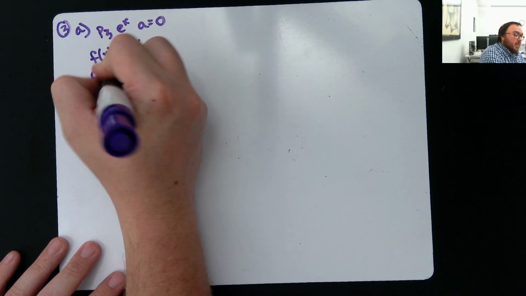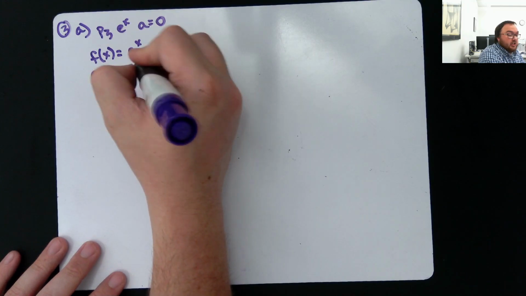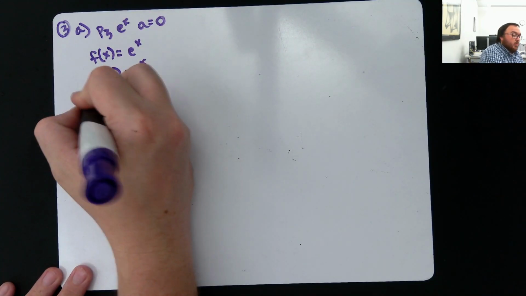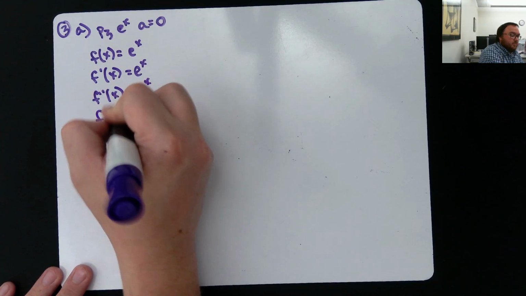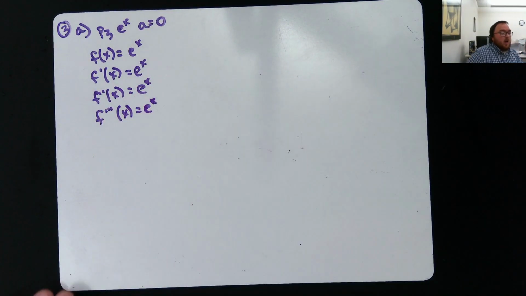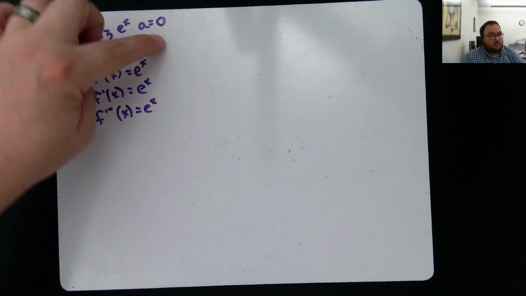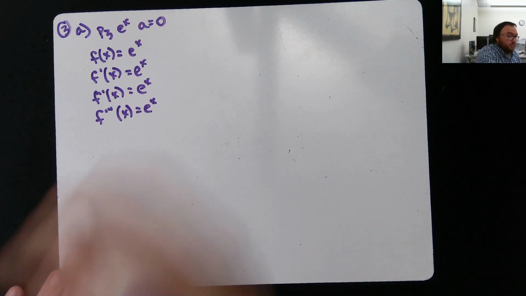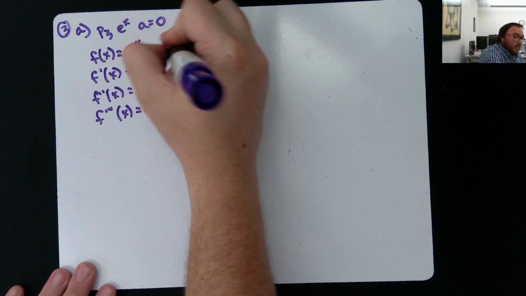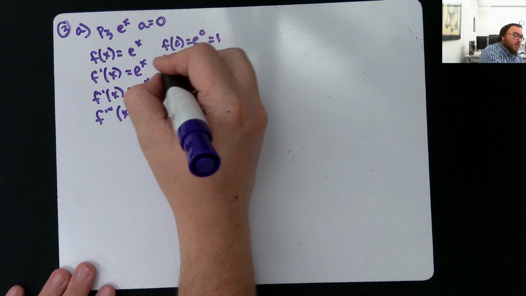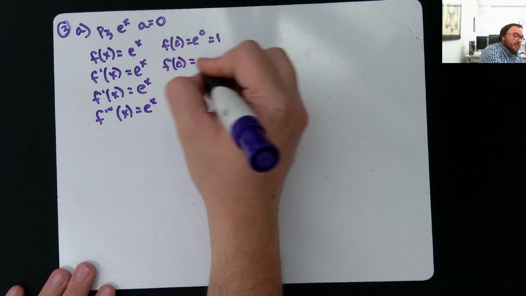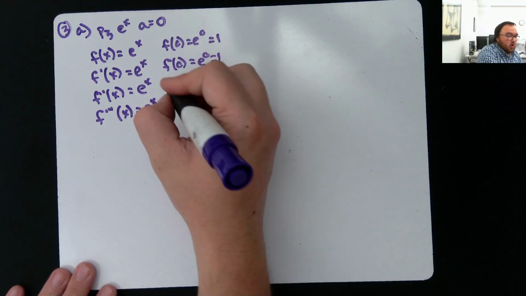What's really nice about that is the derivative of e to the x is just e to the x. So all of them are just going to be e to the x. Very easy. I want it at a equal to 0. F at 0 is e to the 0, which is 1. F prime of 0 is again e to the 0, which is 1, which means they're all 1.